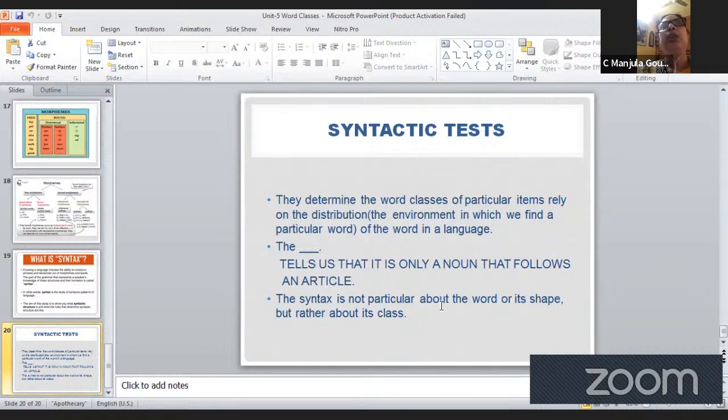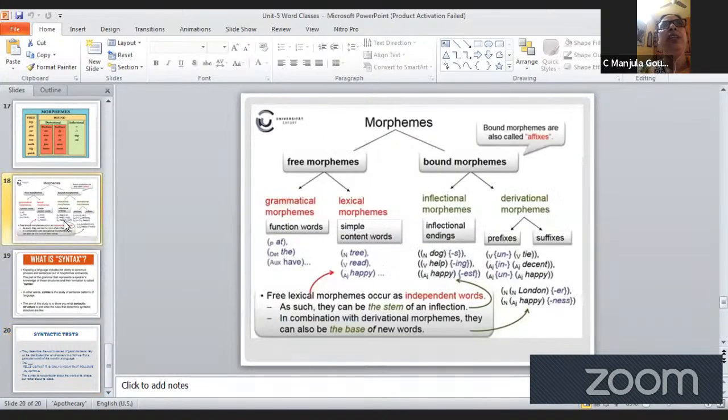Syntax is not particular about a word or its shape, but rather about its class. Now, what is this class here? Can anyone specify what the class is? We are using this word class many times. Class is nothing but the part of speech.